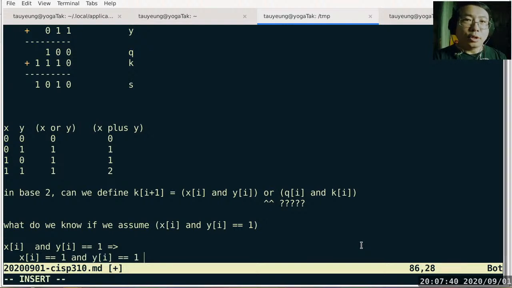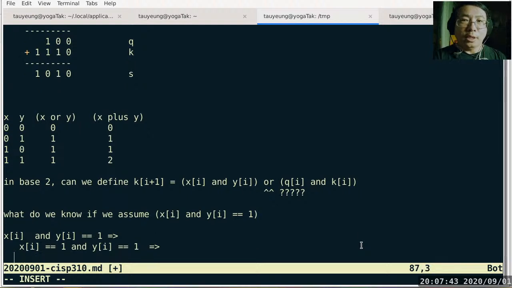All right, so from that, what can we infer? Think about the definition of Q. How is Q defined? Q is defined as the single digit result of adding x and y, right?